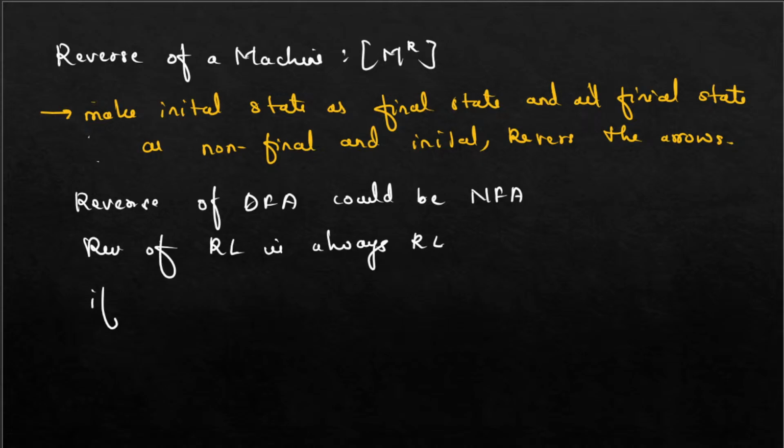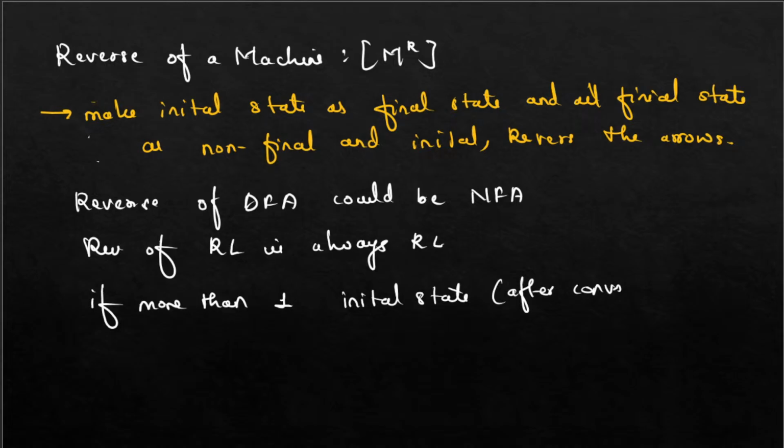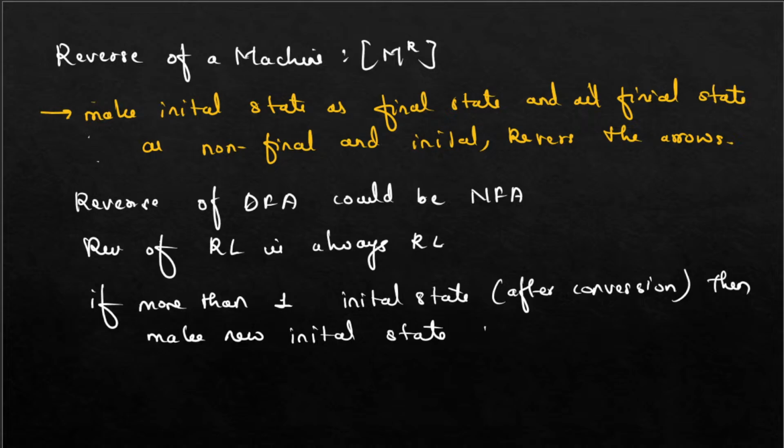Okay, if we have more than one initial state after conversion, then make a new initial state with epsilon transitions to them.